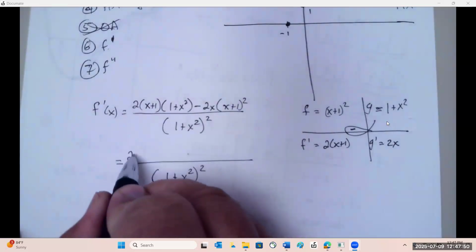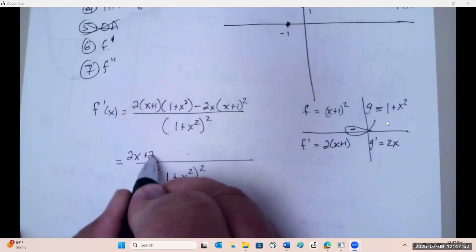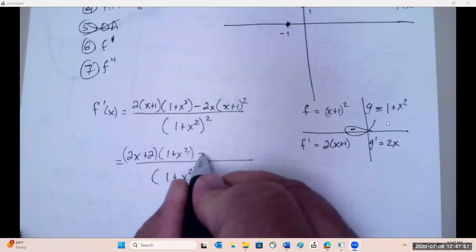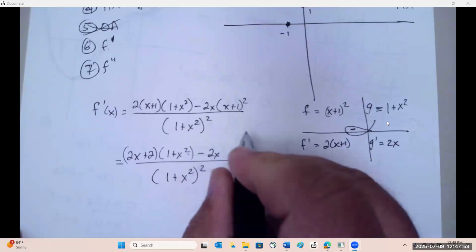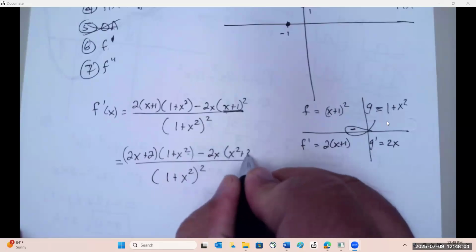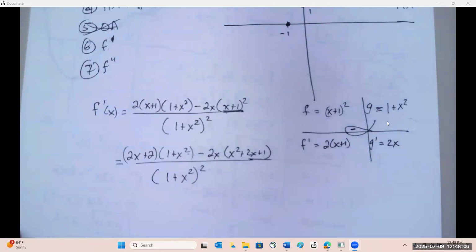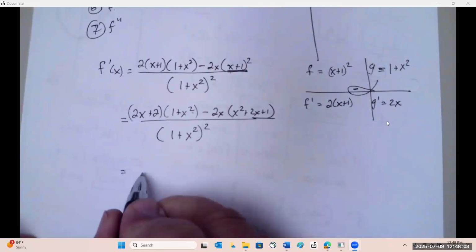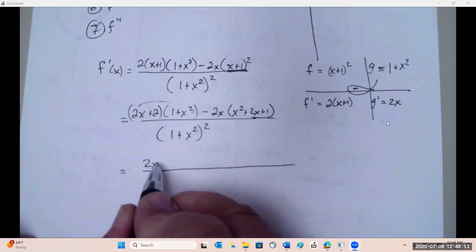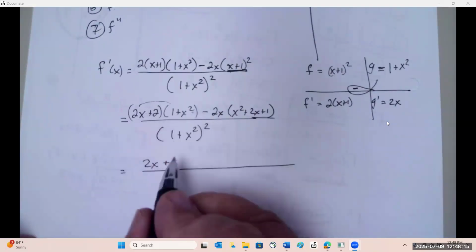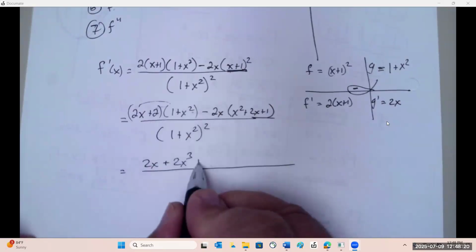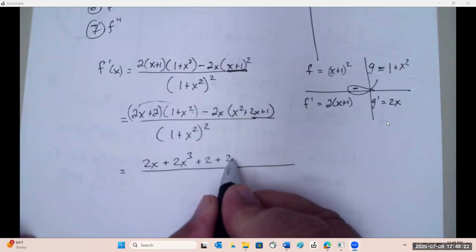So we have (2x plus 2) times (1 plus x squared), minus 2x, and we FOIL this one out, so it's x squared plus 2x plus 1. 2x times 1 is 2x. 2x times x squared is 2x cubed. 2 times 1 is 2, 2 times x squared is 2x squared.